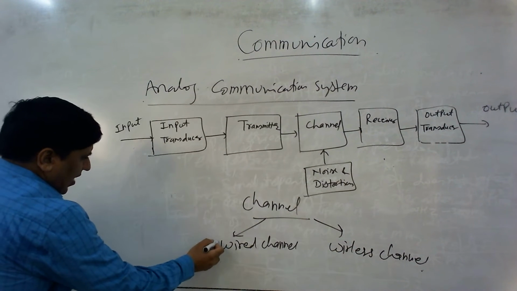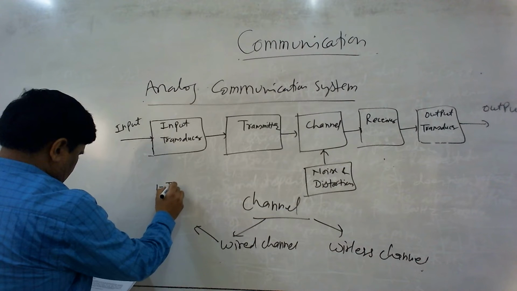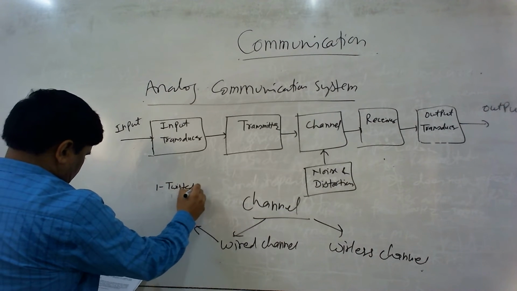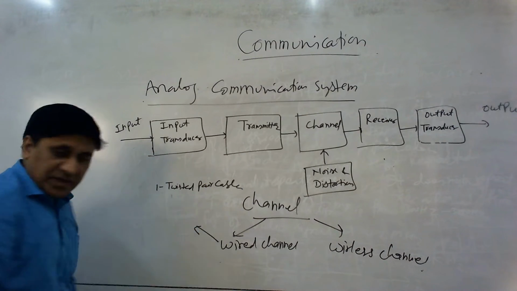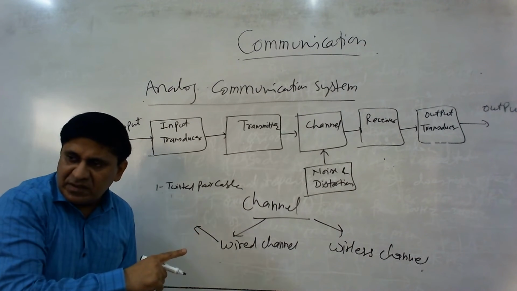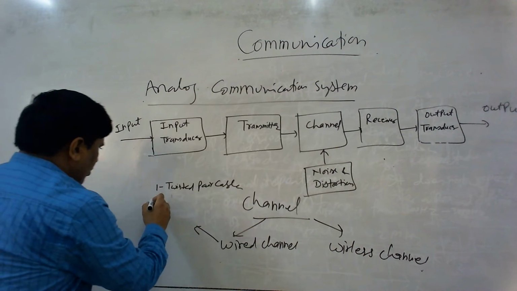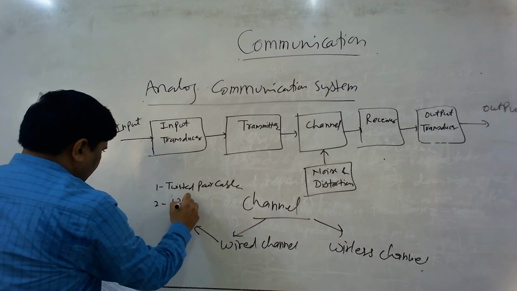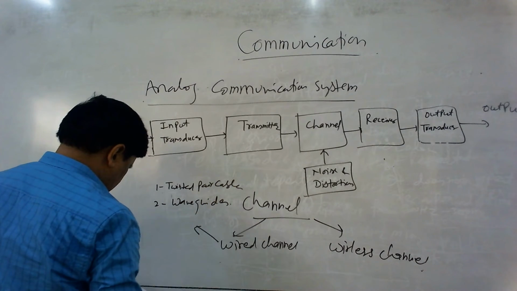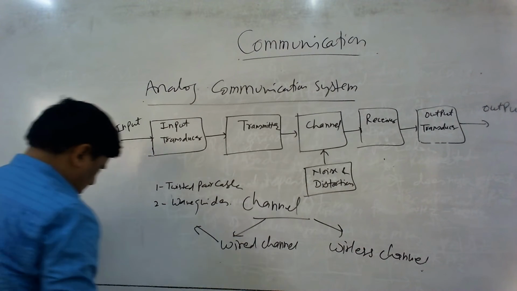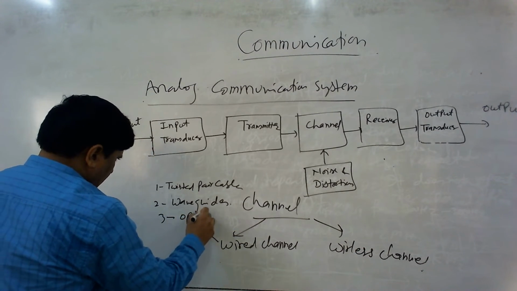In wired channel we have number one, twisted pair cable, which we use in dish TV. Number two, waveguides. Number three is optical fiber.